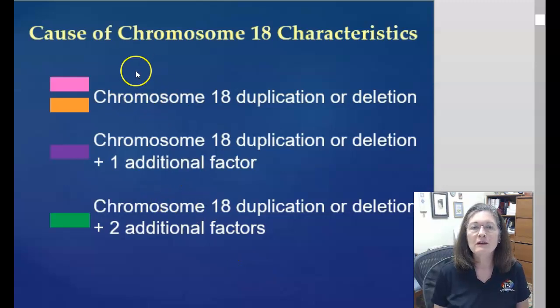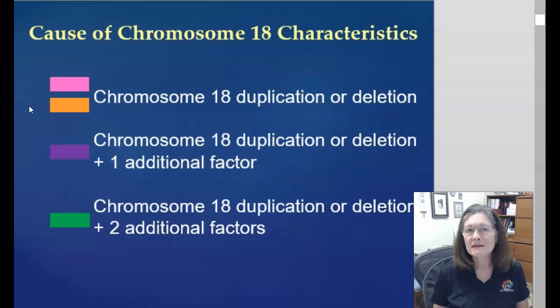And so they're color-coded in the map, like everything I do is always color-coded. And so the pink were those things primarily caused by the chromosome 18 duplication or deletion seen in more than 50% of people with that chromosome 18 change. And the orange are in less than 50%.